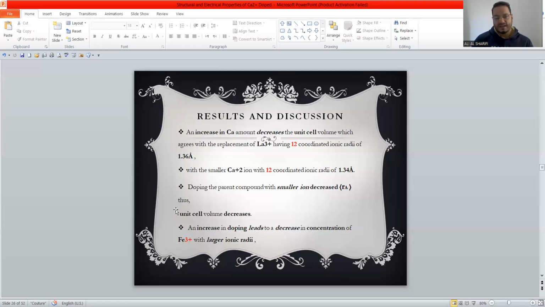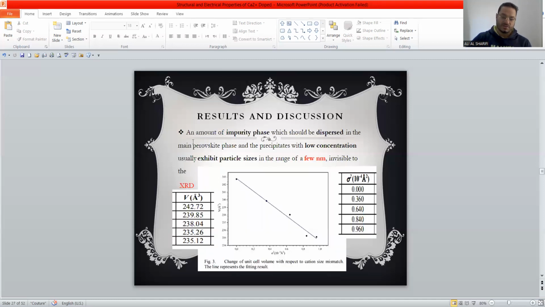An increase in doping leads to a decrease in the concentration of iron 3+, specifically iron 3+ with larger ionic radius.